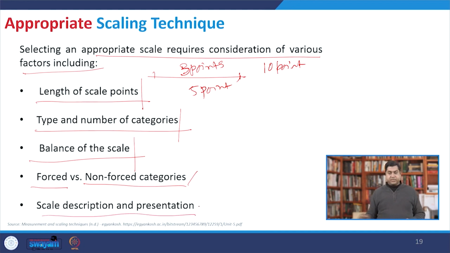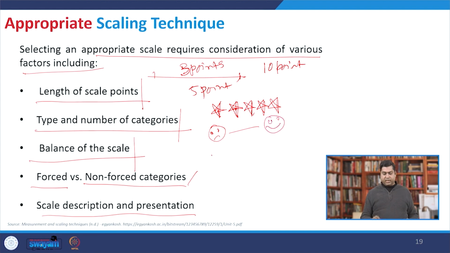Scale description and presentation is also important. Nowadays you get a variety of such measurements in online surveys. After you procure or receive a service, they will ask you to fill up stars, or else it is an emoji, from dissatisfaction to satisfaction, or else it is something giving some sort of color.